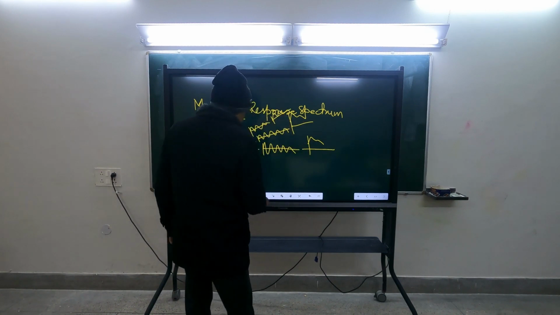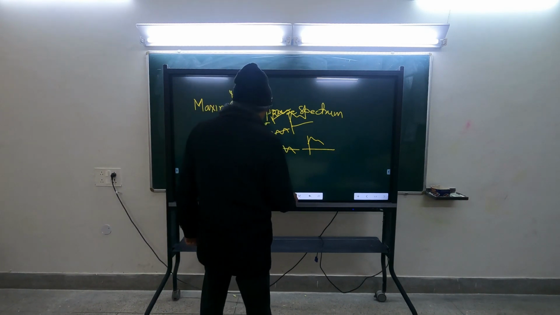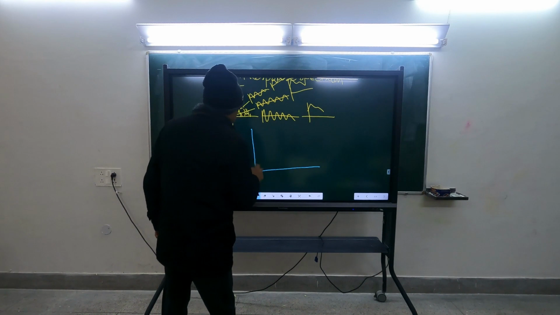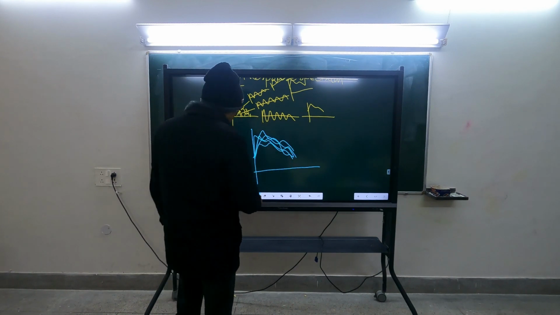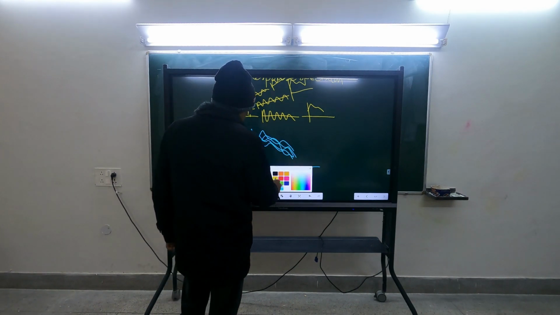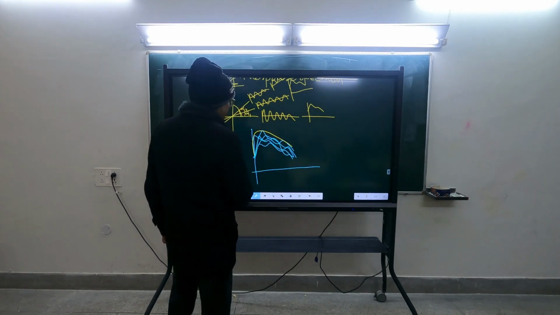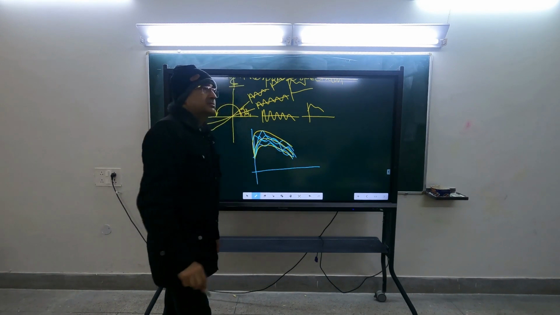These response spectra you plot together. Then three possibilities are there: one is this maximum envelope, another is this minimum envelope, and the third one is the median.